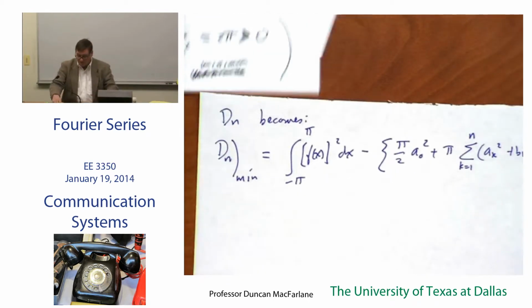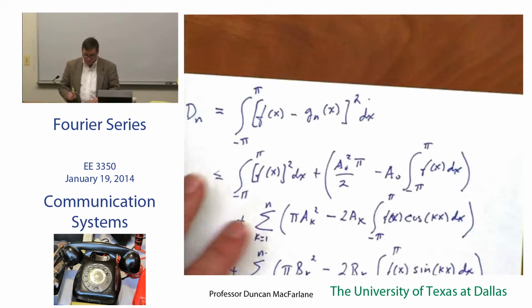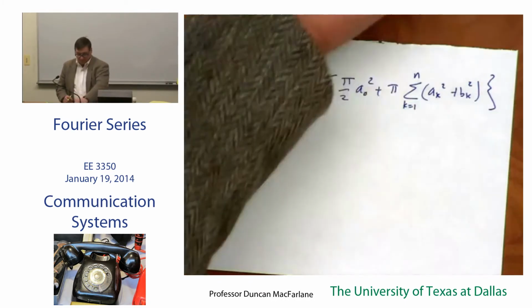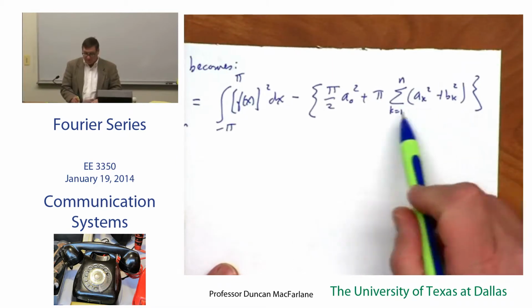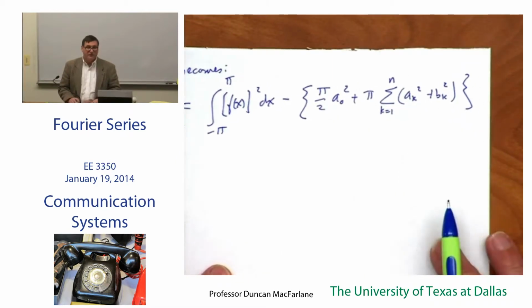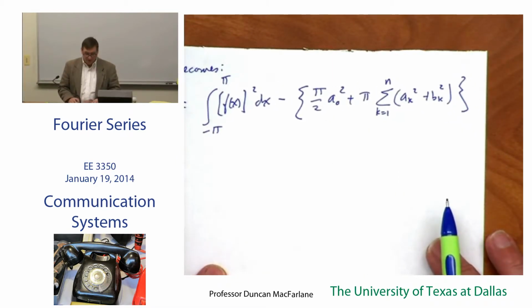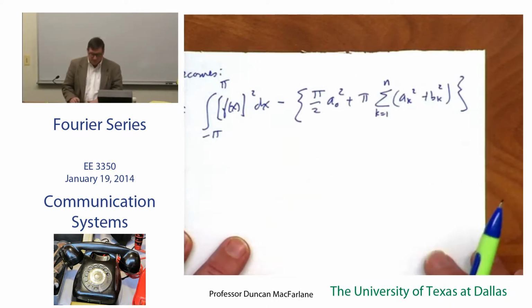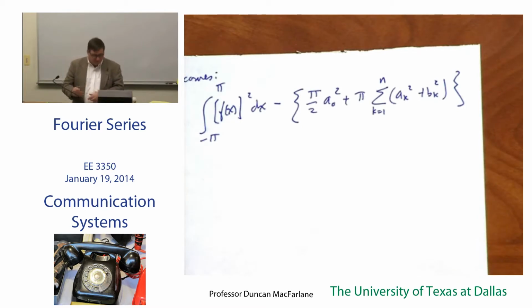So all these extra terms here are just written as the infinite Fourier series coefficients, a sub k's and b sub k's. So here's the energy of my signal. Here's the energy of my approximation.